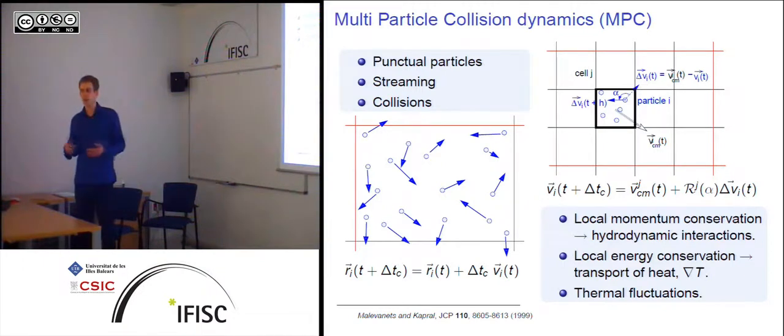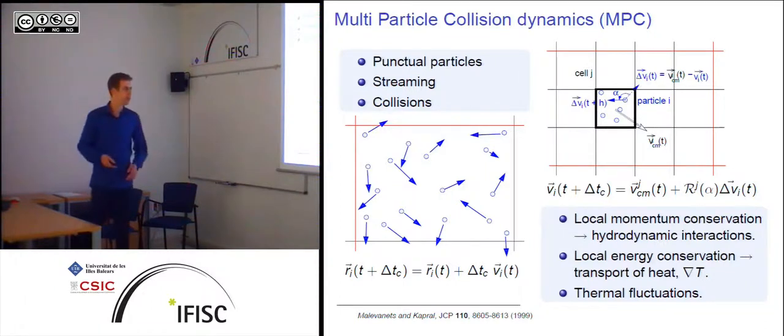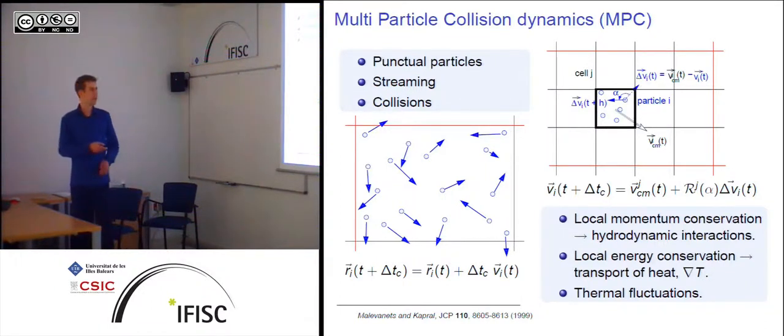And regardless how you perform your collisions and how you do the rotations, local momentum conservation means that you have hydrodynamic interactions. Additionally, this method also locally conserves the energy, which enables, in this method, the transport of heat, and therefore the possibility to implement temperature gradient.